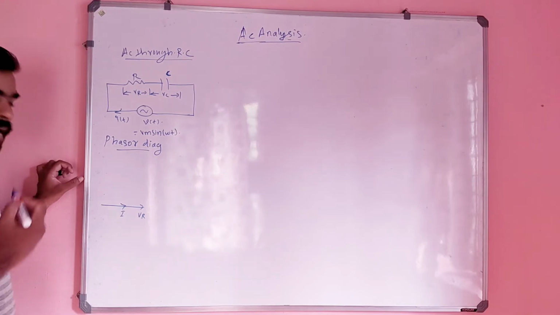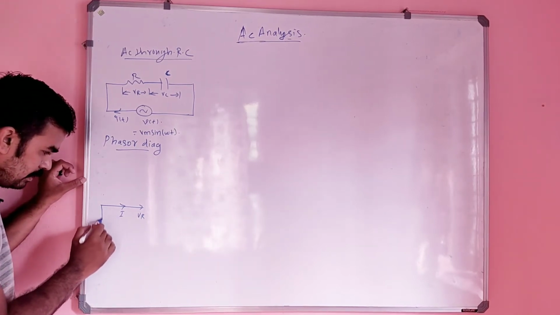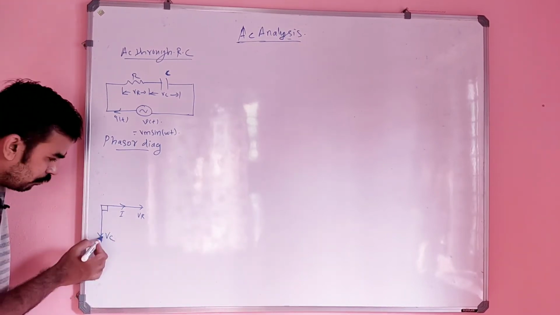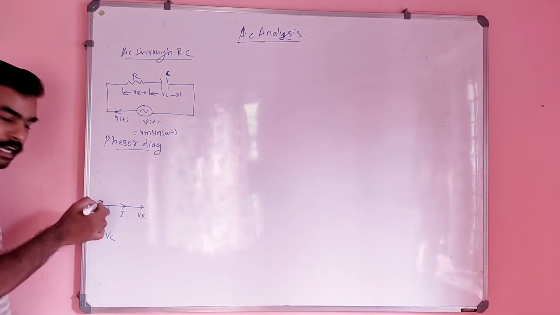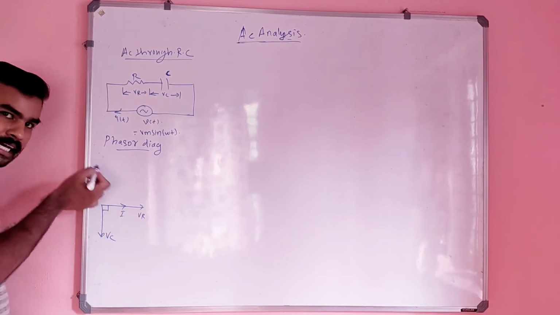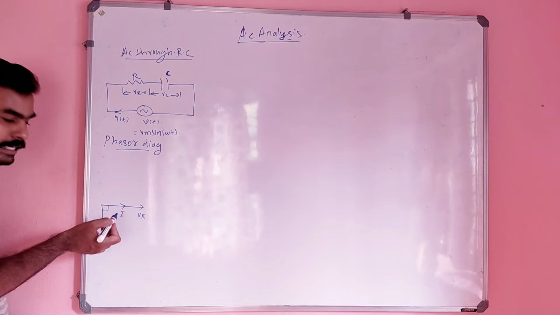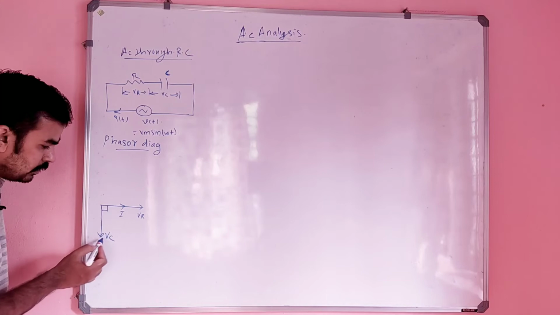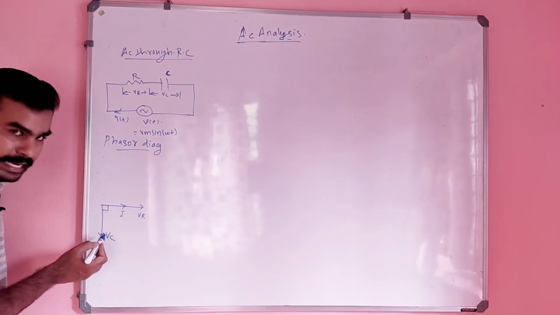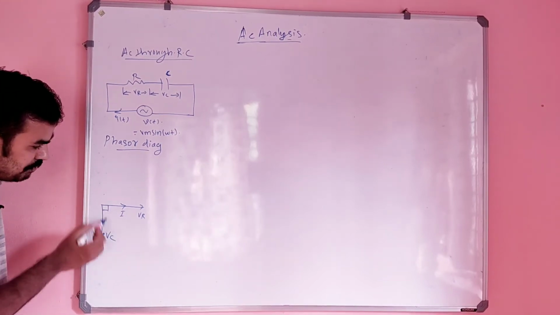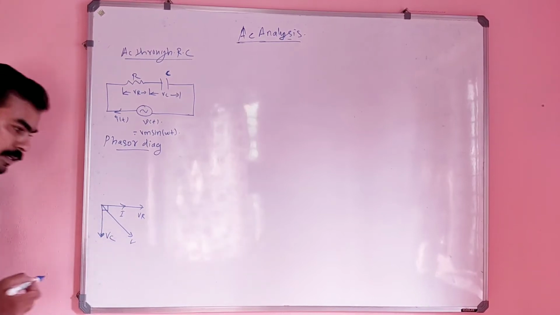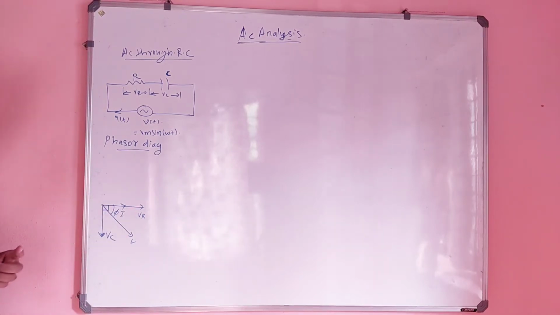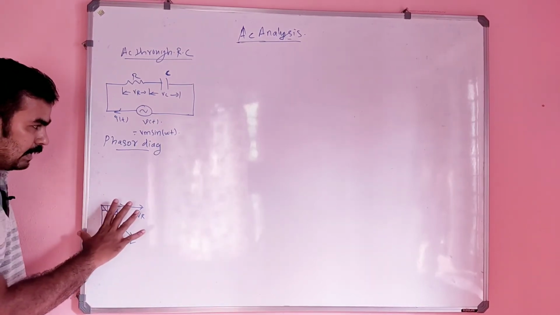And we know that for a capacitive circuit, the current I will be leading the voltage by an angle of 90 degrees. So it will be in the downward direction. In the previous case, the voltage was leading the current, or the current was lagging behind the voltage by 90 degrees. But in a pure capacitive circuit, the current will be leading the voltage across the capacitor by 90 degrees. With VR and VC, there will be a resultant voltage V that makes an angle phi with the reference x-axis.